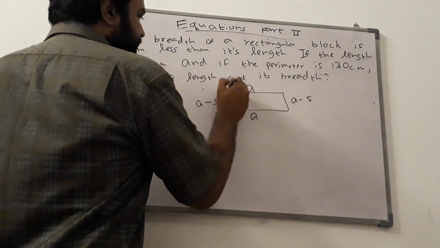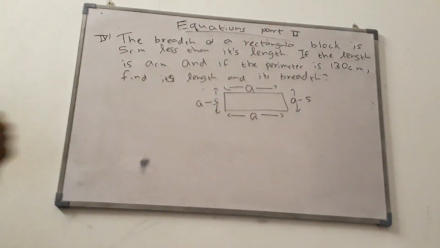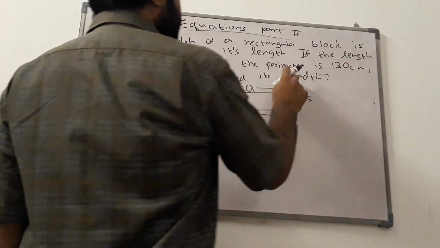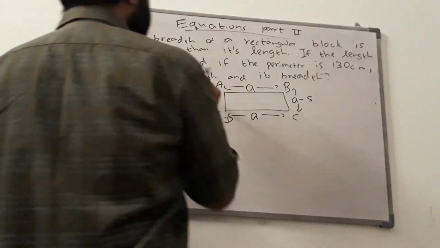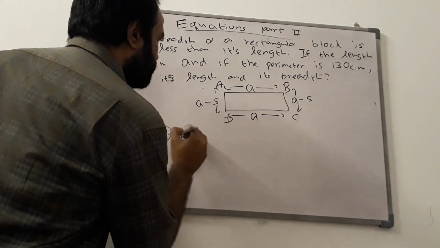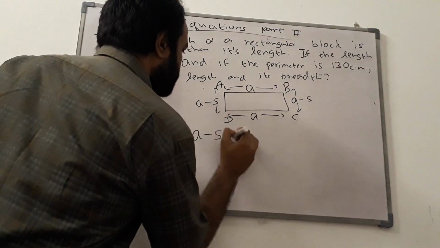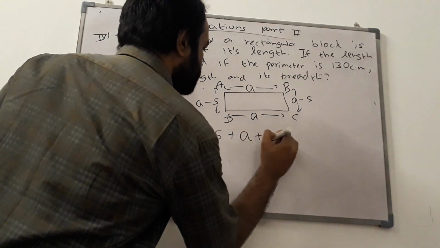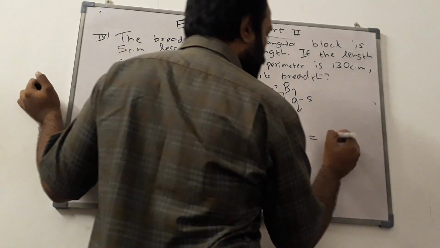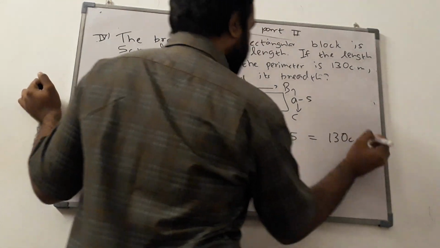So the perimeter means a plus a minus 5 plus a plus a minus 5, which is equal to 130 centimeters.